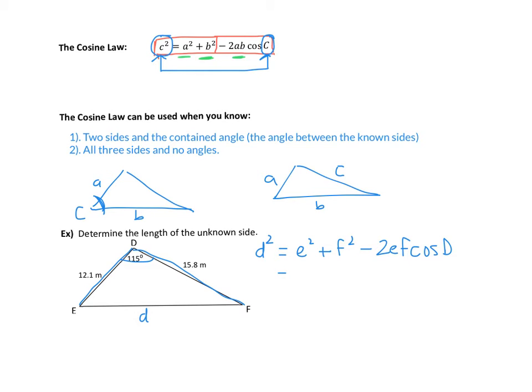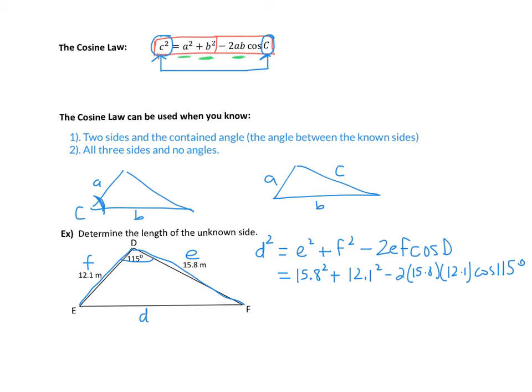I'm going to fill in what I know now. I know side E is across from angle E, so that's 15.8. That's going to get squared. Plus side F, which is 12.1. That's going to get squared. Minus 2 times 15.8 times 12.1 times the cosine of angle D, which is 115 degrees.